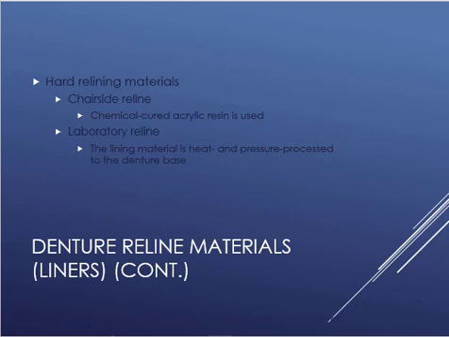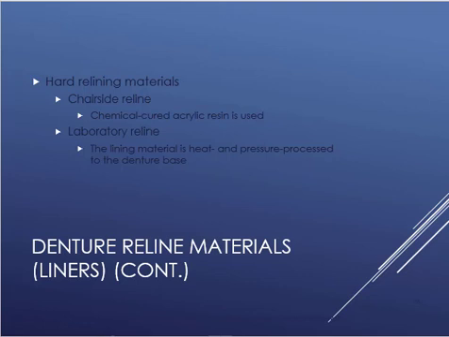And the most common material used for that purpose is acrylic resin that's similar to the original denture-based material. With the chairside technique, a chemical cured acrylic resin that comes as a polymer powder and liquid monomer is commonly used.